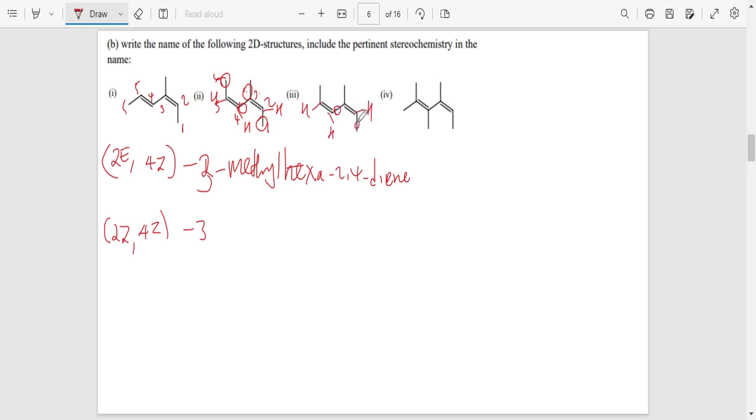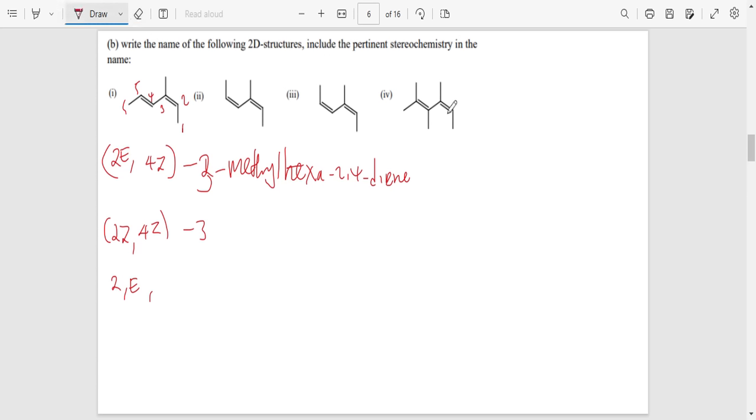These two groups are on the same side. Then at position number 2, this is going to be E. What of here? So basically this one and this one, why am I even naming? They are the same compounds. Let's check. Are they different? So it is the same compound.